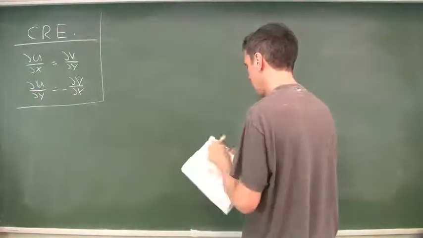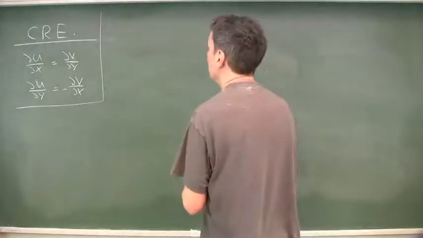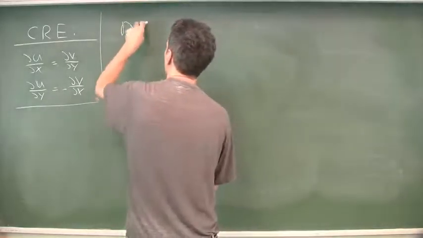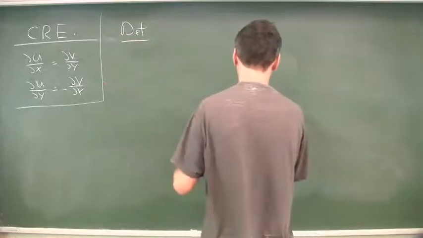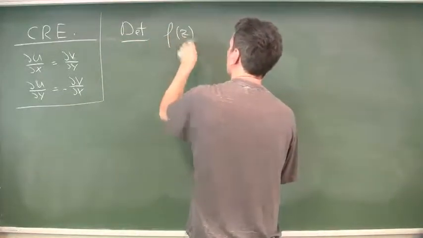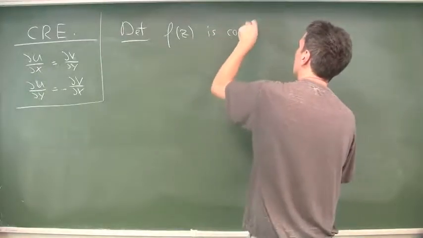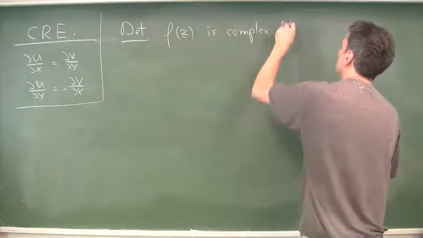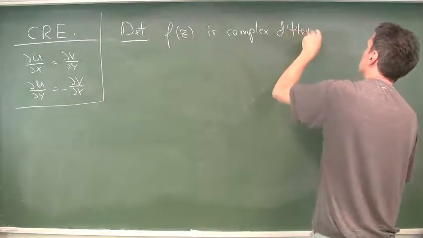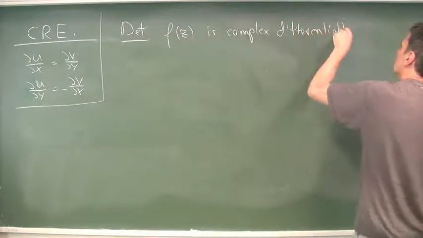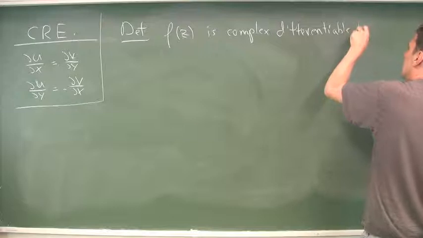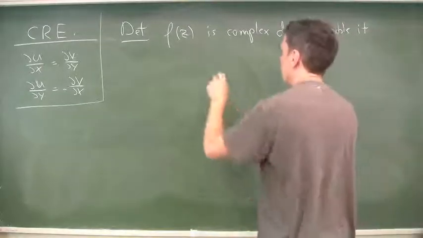So the next thing is that we just consider the following definition here now. We say that the function f of z is complex differentiable if the following limit exists.